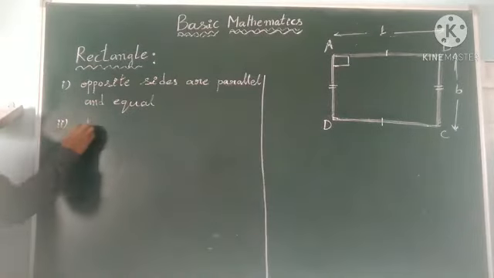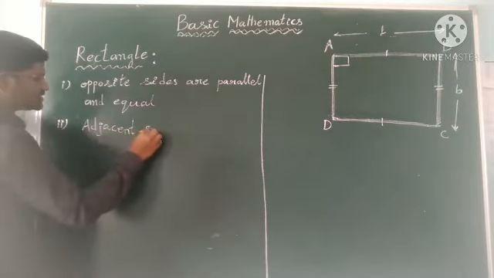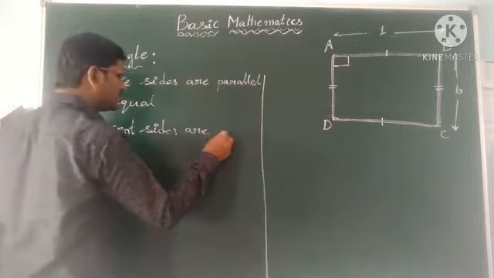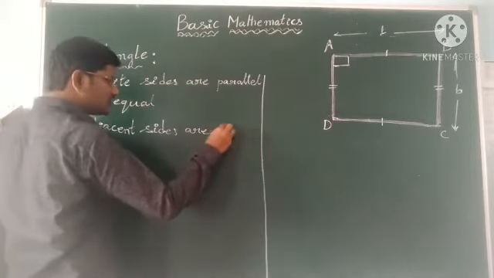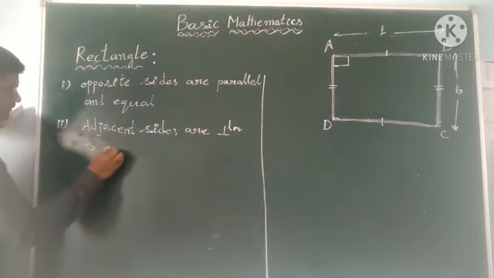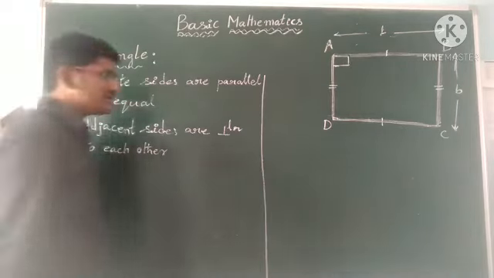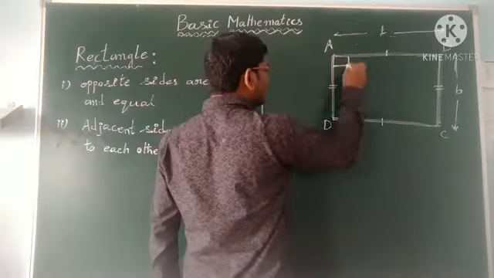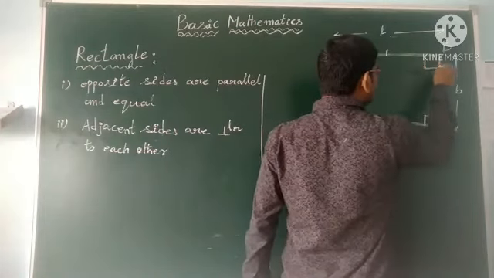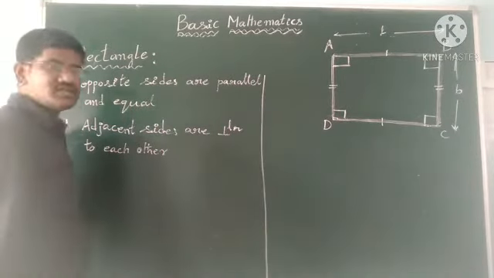So right here, adjacent sides are perpendicular to each other. Means this angle and these angles are equal. So adjacent sides are perpendicular to each other, we have written.